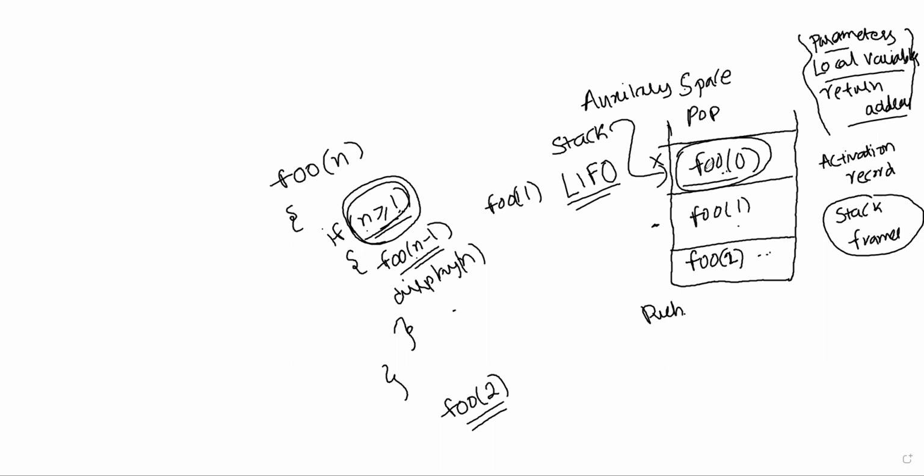Okay, so for foo of 1, it displays n as 1, and then it comes out. Then foo of 2 goes here and displays 1 and 2.